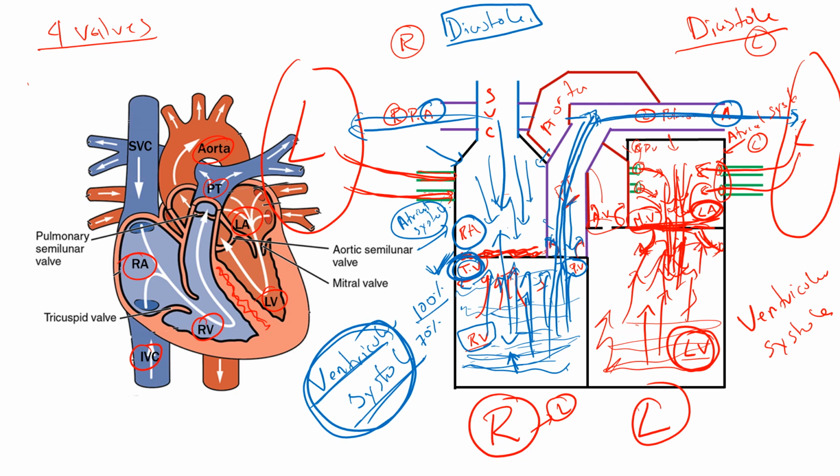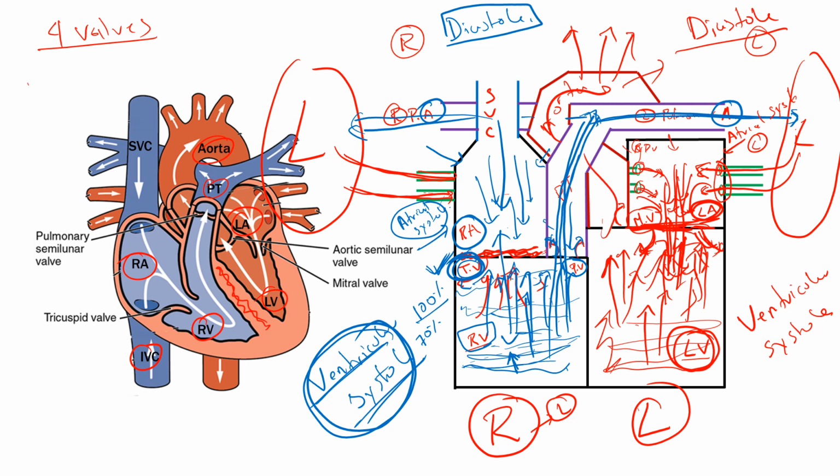Regurgitation is another term, right? We don't want to have that. At some point, the pressure will be high enough that it will open the aortic valve, and when that happens, the blood can flow through the aorta and go to different parts of the body. I know it looks messy, but that is what happens.